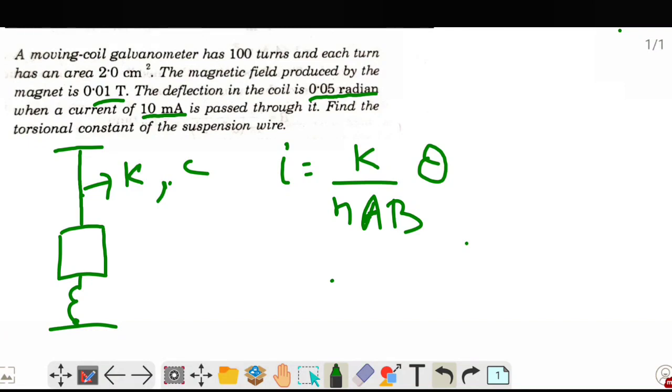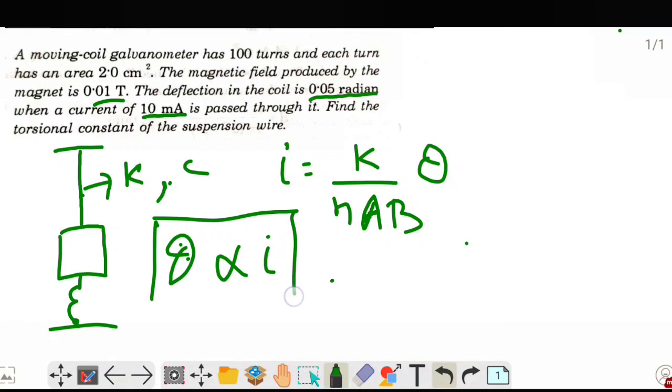So we say that the deflection produced in the galvanometer, theta, is proportional to the current flowing through it. This was the observation while studying the theory of the moving coil galvanometer.